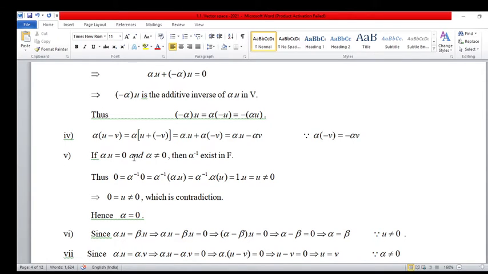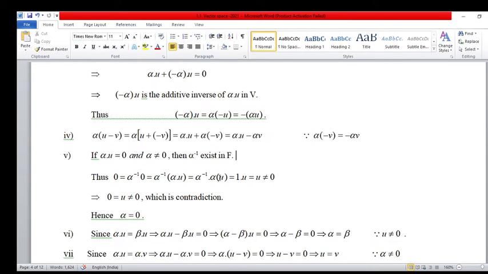Fifth property: if alpha u is equal to 0 and alpha does not equal 0, this shows alpha does not equal 0 means alpha inverse exists. This is the well known condition. Thus we can write 0 is equal to alpha inverse 0, and substituting the value of 0, 0 is equal to alpha inverse alpha u.